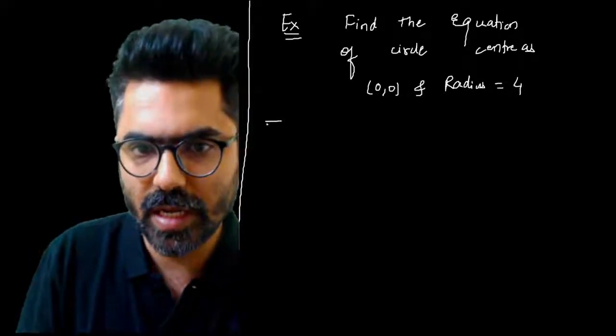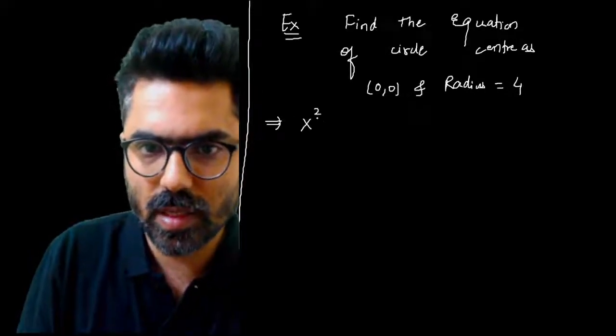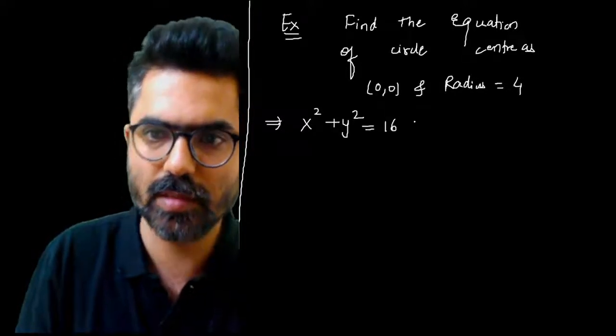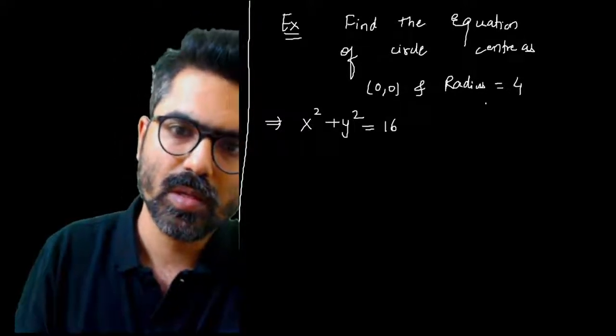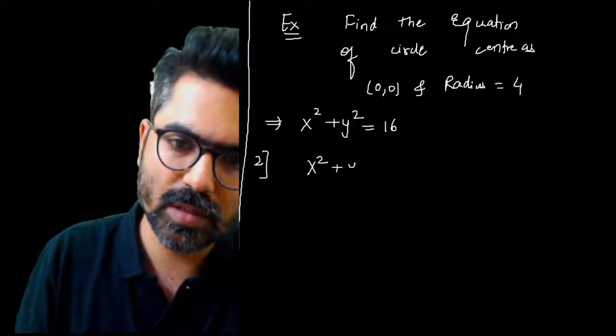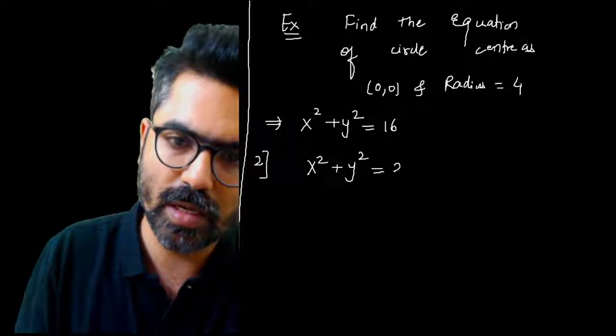We can directly write this as x square plus y square is equal to radius square, that is 16. Or the second example: let's say this circle is given to us, x square plus y square equal to 25.